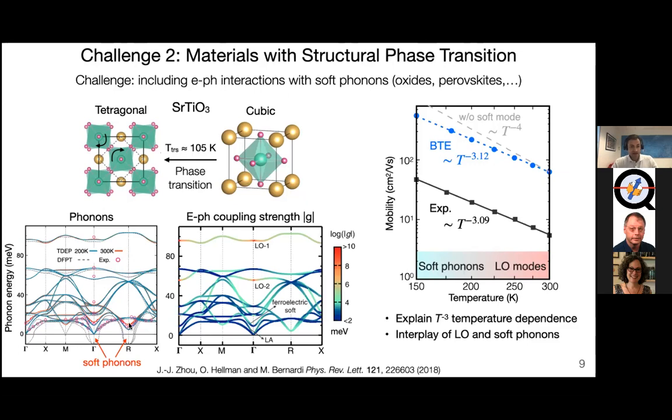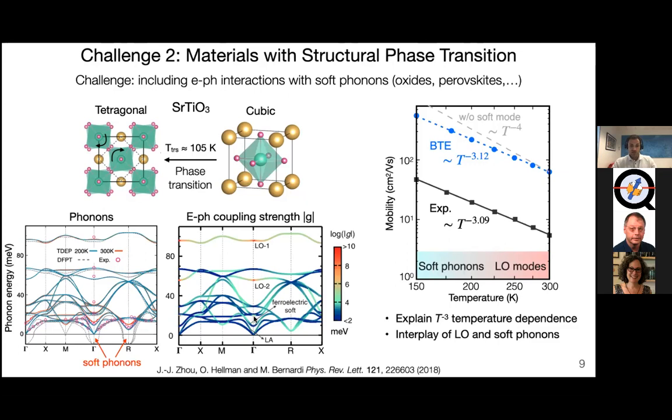Now, using these accurate phonons, we can compute the electron-phonon coupling for all modes, including the soft ones. In cubic strontium titanate, we have established that the coupling with the LO modes is still the strongest, because this material is polar. However, the coupling with the soft modes is the second strongest.